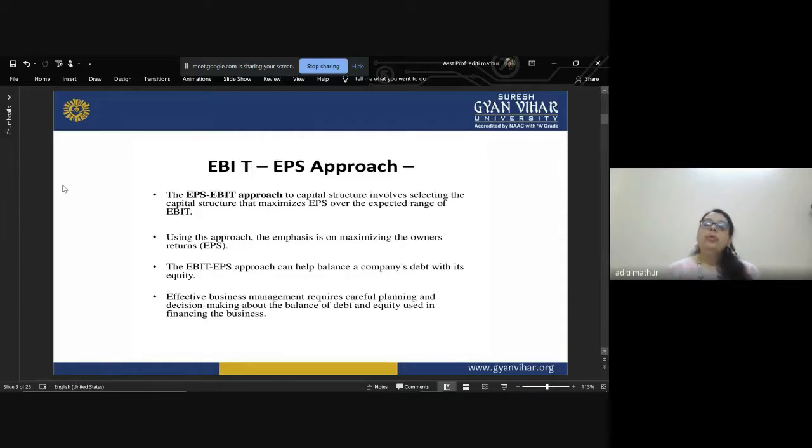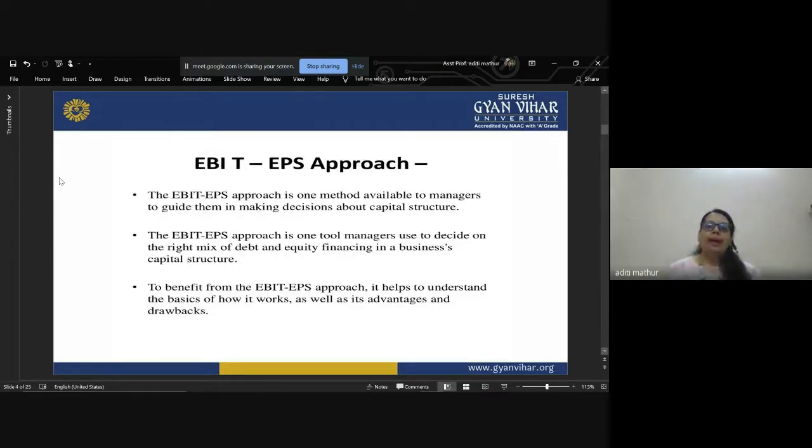Why? Because both these sources, debt and equity, have a cost associated with them. We want the ratio that gives the maximum return at less cost, and that is what the EBIT EPS approach helps you determine.